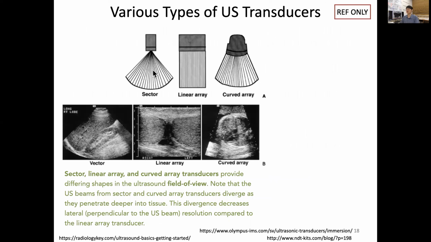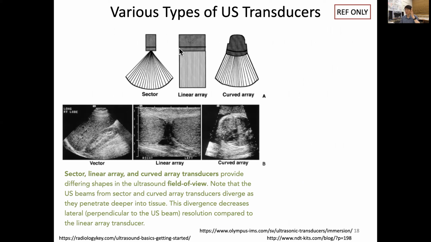Let me show you the shape a little more clearly with various types of ultrasonic transducers. So let's say this is a sector, and this line is one line of ultrasound, and a second line with a different angle, then you can have this fan shape cross section, which is depicted here.